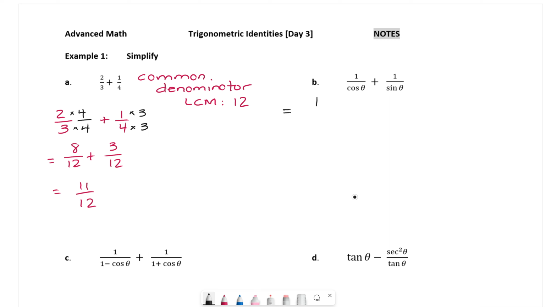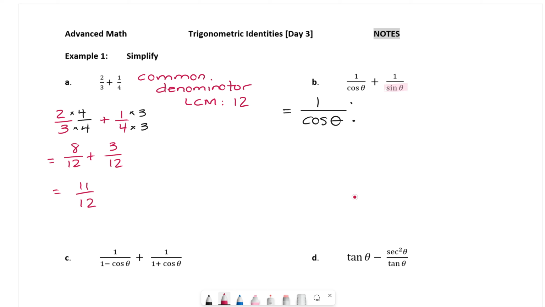So 1 over cosine, what I want to do is obtain a common denominator. So I'm going to take 1 over cosine theta, and I'm going to multiply top and bottom by the other denominator of sine theta.